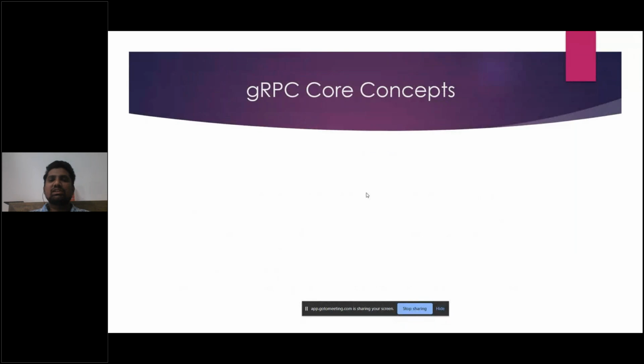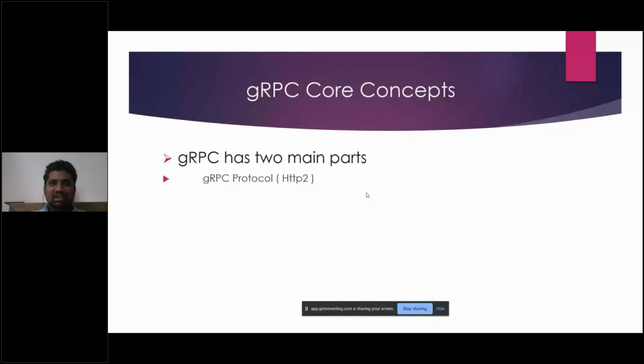So let's see how we can do that in the demo itself. When we talk about the gRPC core concepts, basically gRPC has two main parts. The first one is the protocol, which is HTTP2, and because of that, there are plenty of benefits that gRPC offers. Generally, what we use in conventional REST services is HTTP 1.x, meaning 1.1, and with HTTP2 it has plenty of benefits like security.